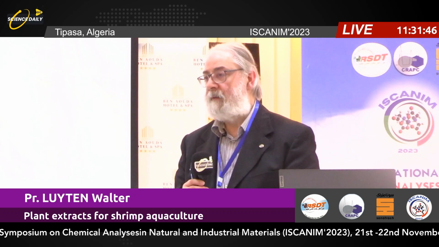So if the plants are not an economically viable way to produce them, then we can envisage producing them using the same biosynthetic pathway, which we could just transfer from the plants into bacteria, yeast, or other organisms that can be fermented on industrial scale.